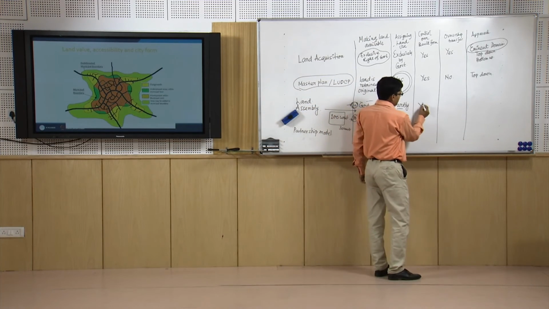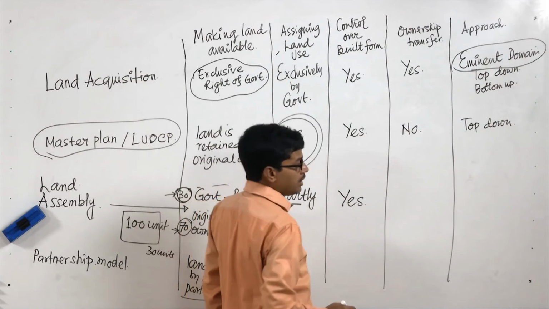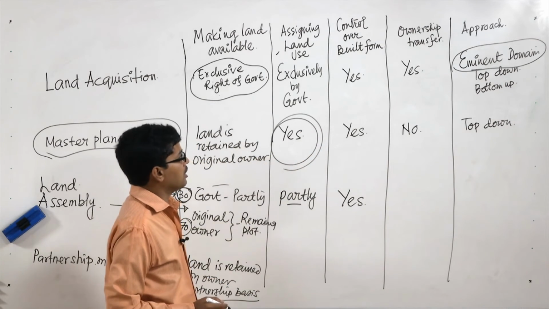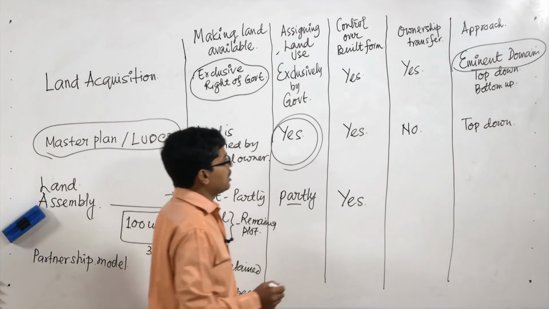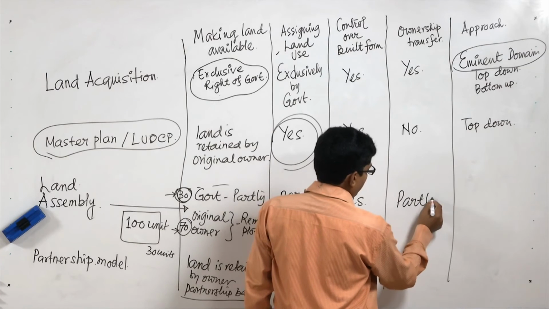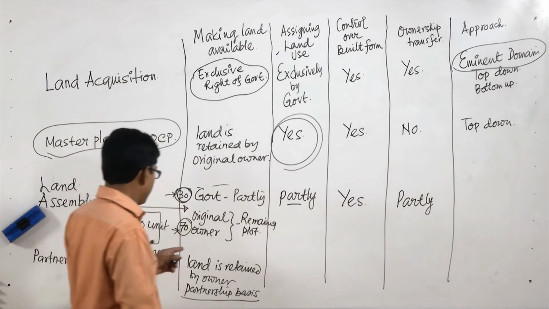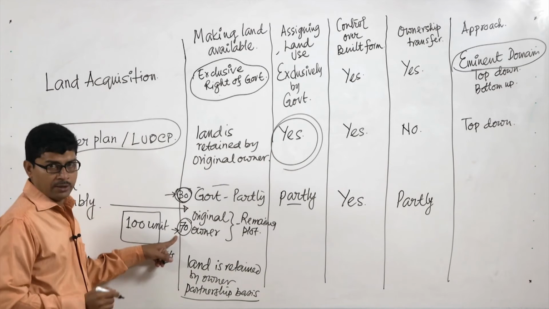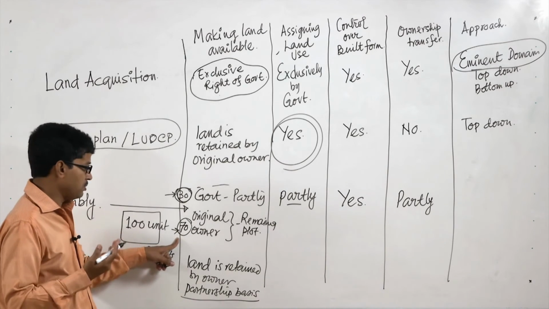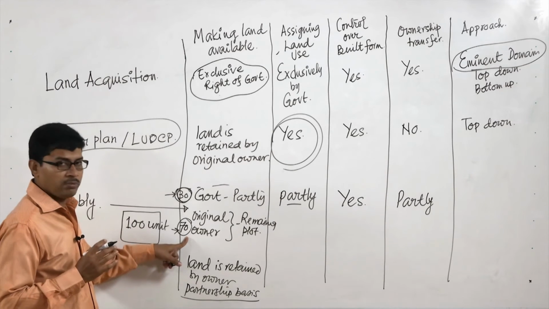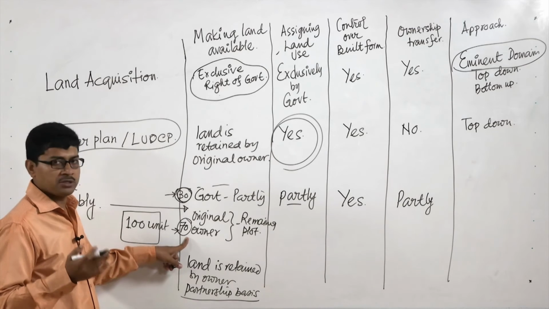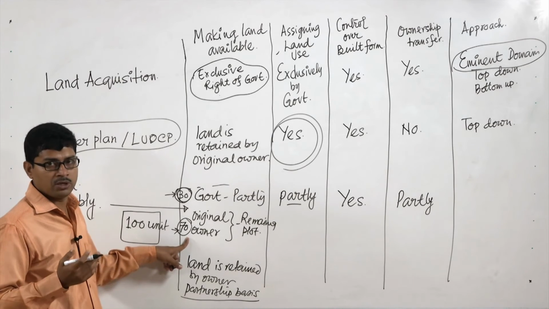Here also they have the development control, definitely they provide all the development controls as was there in the land use and development control plan, and ownership is transferred partly. As we have seen, for the 70% we took as an example, it could be 60% also, or 65% or 50%. So some amount of land which the government is giving back to the original owner with enhanced facility and infrastructure, which we call developed land.